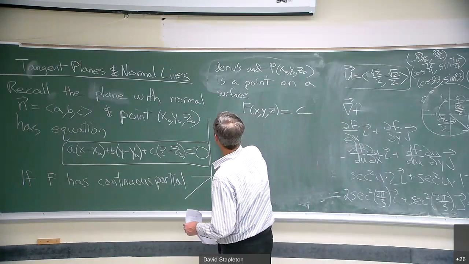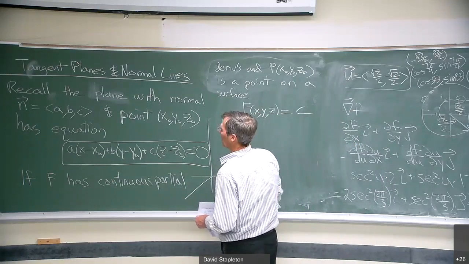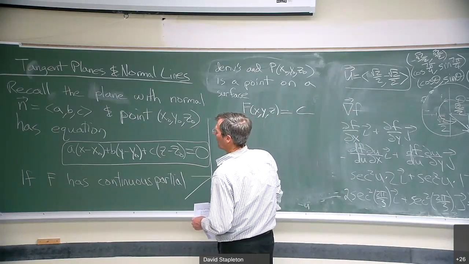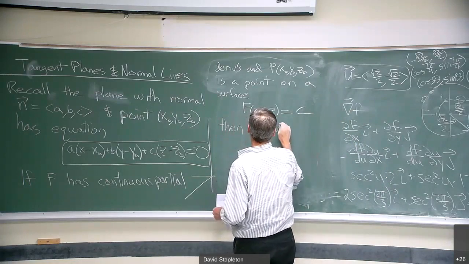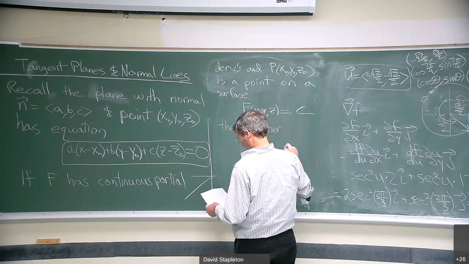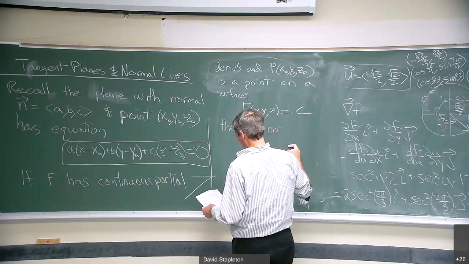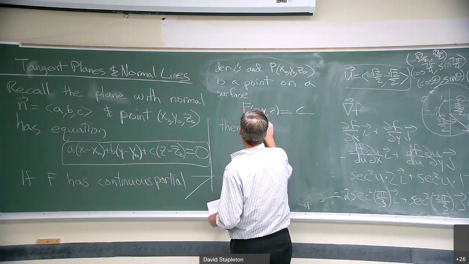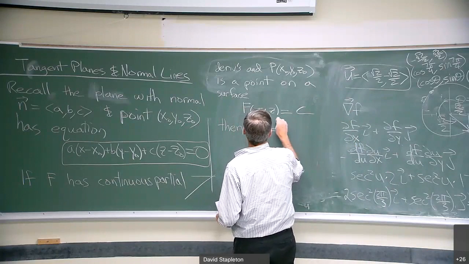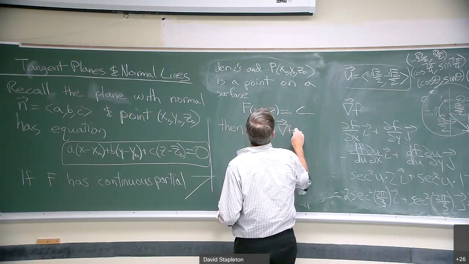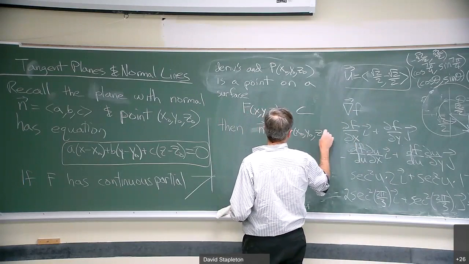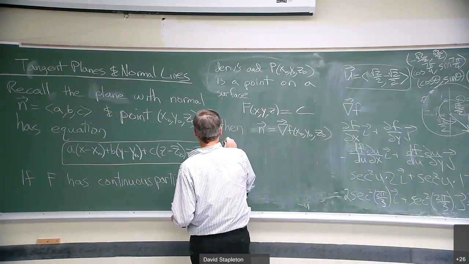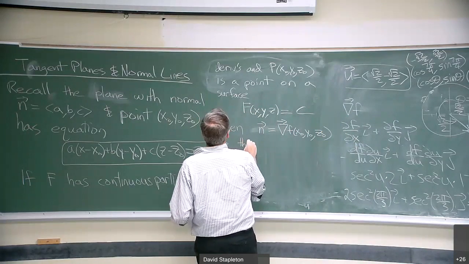Then the normal, n equals the gradient of f at P, is the normal vector.